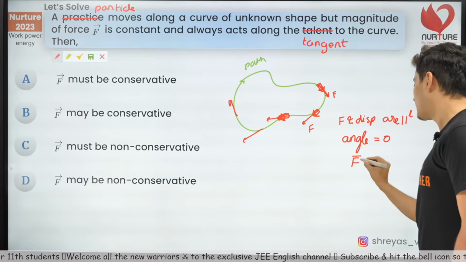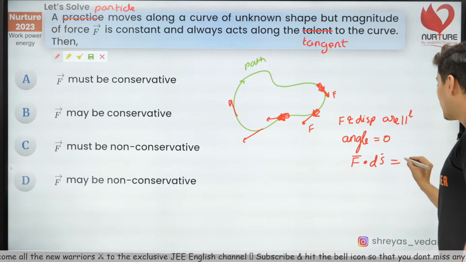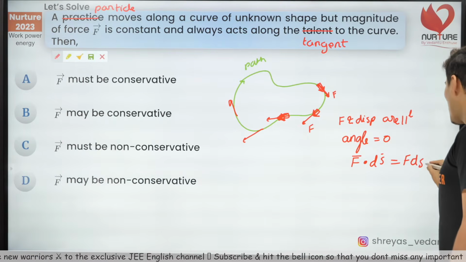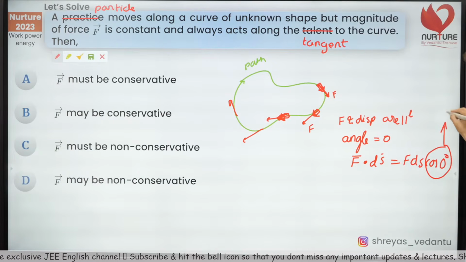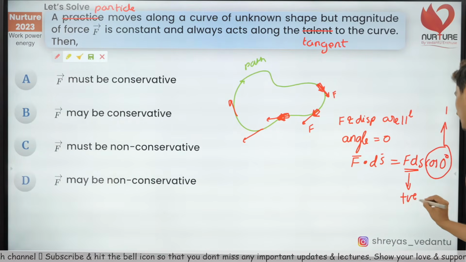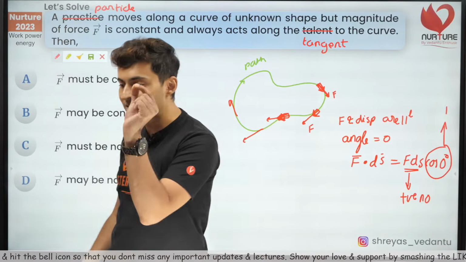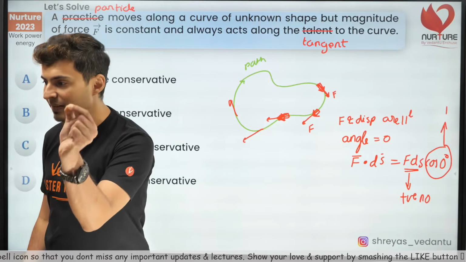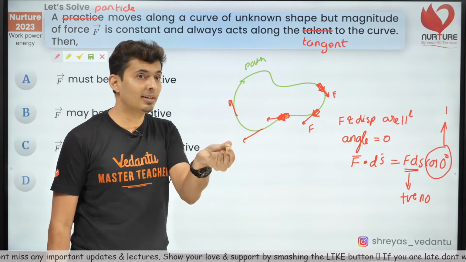That means force dot ds will be F ds cos 0. Cos 0 is basically 1, so this is always a positive number. Every small displacement, you are doing positive work.